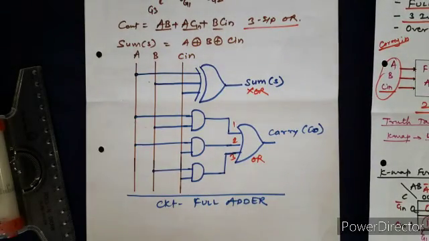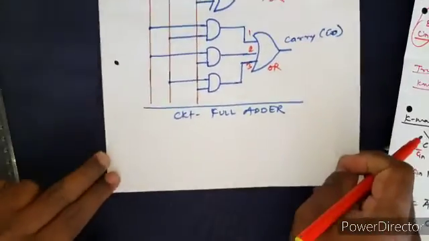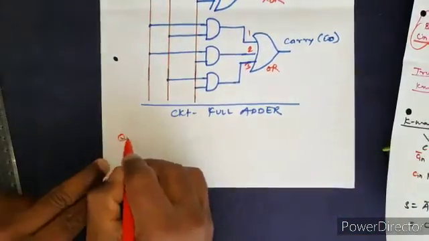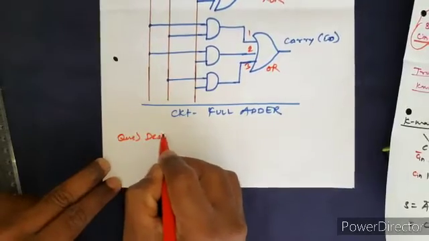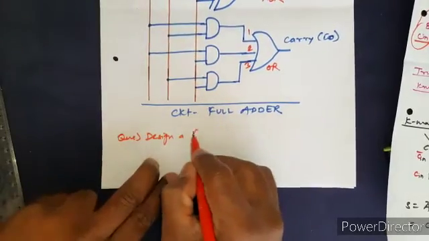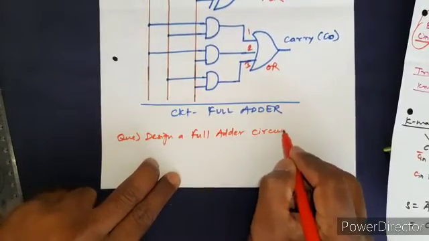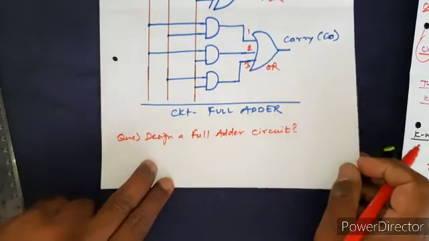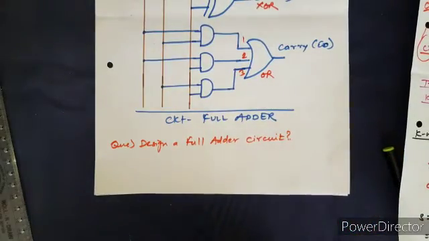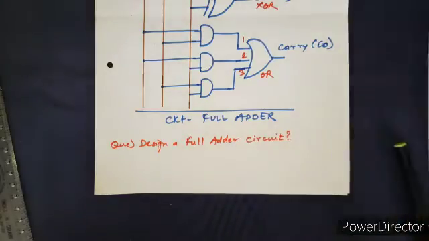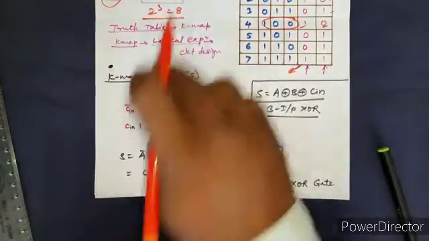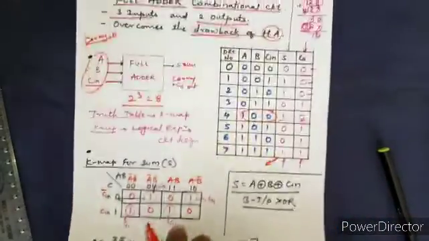So I hope you understood how we have used the concepts of K-map to design the circuit of this full adder. In the exam you may have a simple question: design a full adder circuit. That's it. Okay, and this is the answer for that. So for the full adder, you have to go for this block diagram.